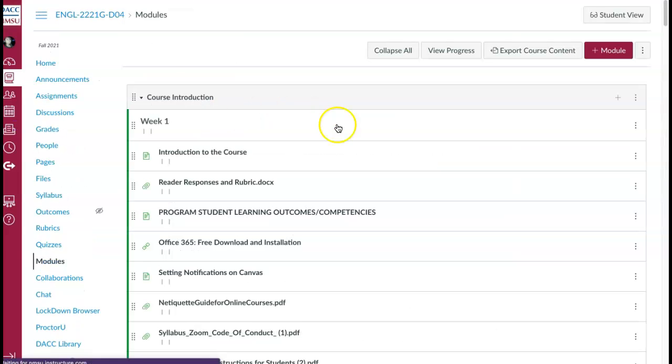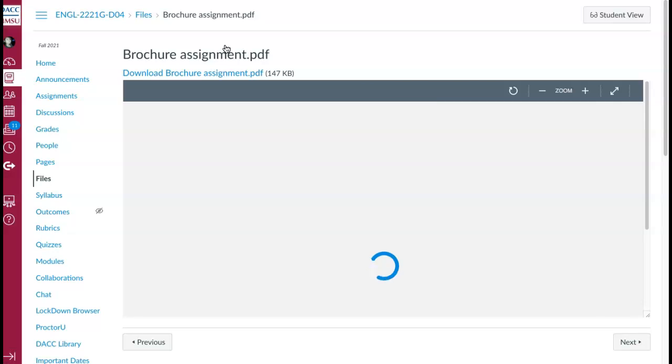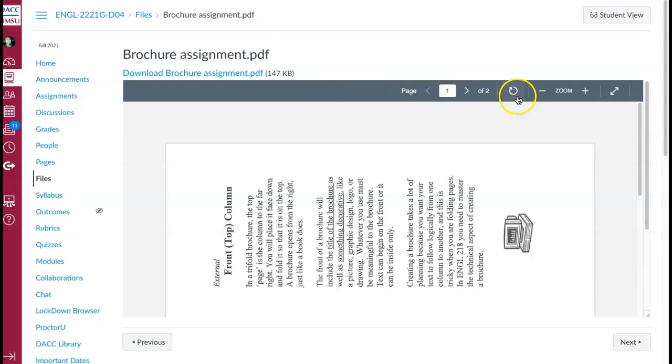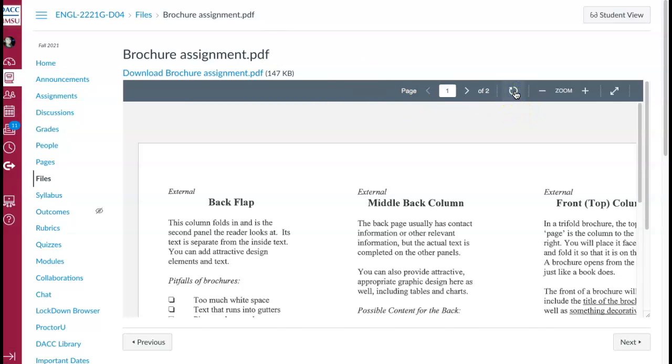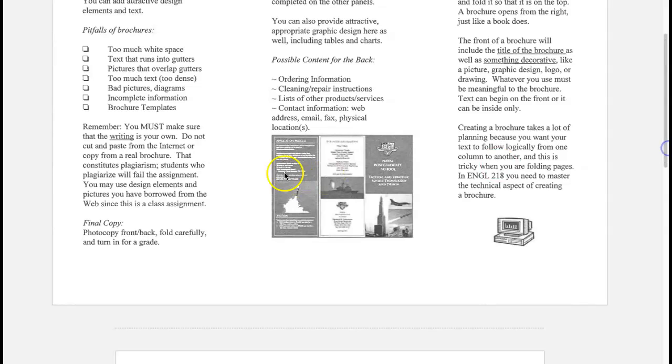The brochure module is taken from my English 2210 class, which is a technical communication course, and that course focuses more on design. So I brought some of those resources to show you how to design your brochure. The first one is actually called brochure assignment, but as you can see, it is a handout that tells you what each flap should have in your brochure. So for example, this is the back flap.